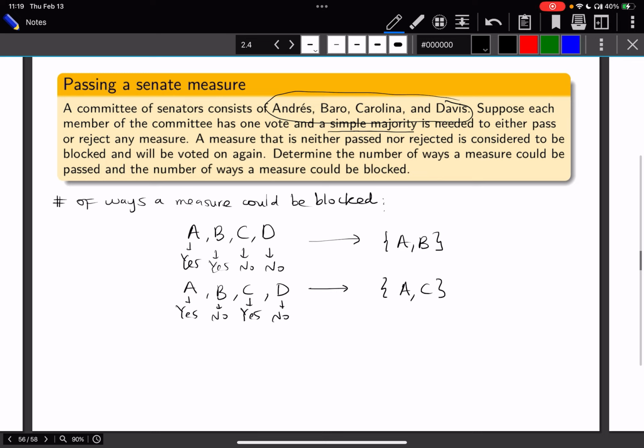And we continue like this in a very similar way. We're going to get a few possibilities. We have A, B, A, C. Now when A is not there, we could think of B, C, or B, D. And finally, when C is not there, we also have A, D. That's when C is not there.